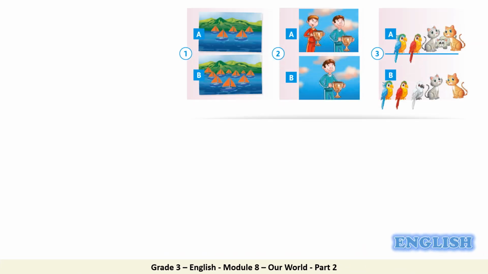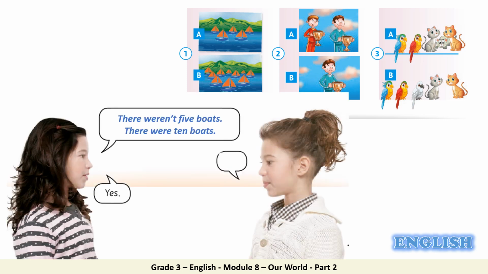Now, look at the pictures one more. The description is, there weren't 5 boats. There were 10 boats. Can you guess the picture? 1B. Wonderful job.